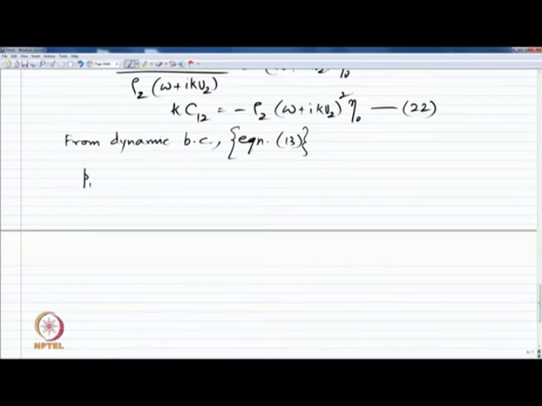Let us rewrite it quickly. It says P1 prime minus P2 prime equals minus sigma.